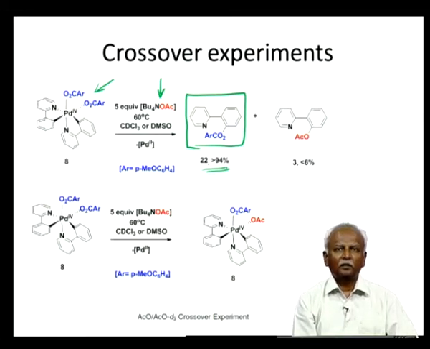So, a clear indication that it is not this carboxylate which is going out, carrying out a nucleophilic attack on the ligand and carrying out reductive elimination, as we had seen in the group 1 oxidative additions. So, one more experiment they showed, this is very clear that even if you carry out this exchange without carrying out the reductive elimination, you could end up with acetate labeled in position 8.